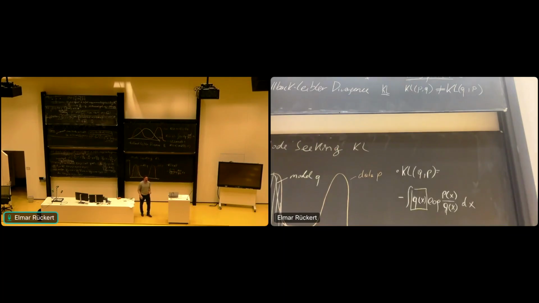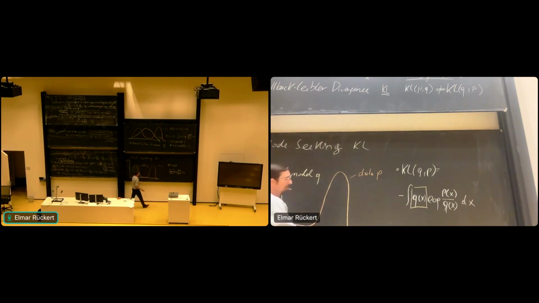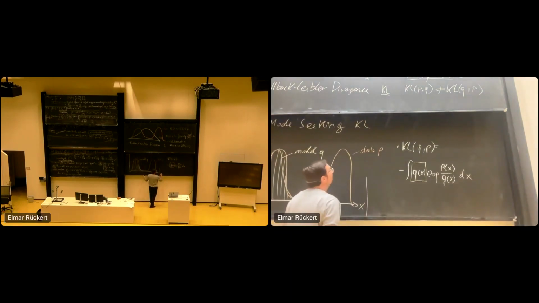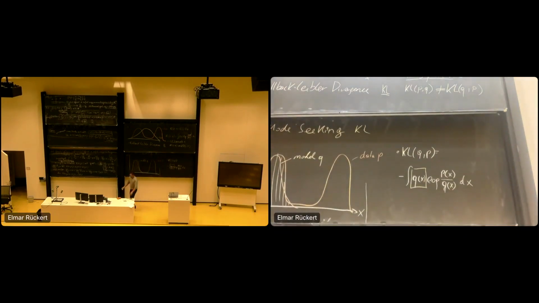Sometimes you would like to have a symmetric KL divergence measure. Sometimes this happens. So what would you do? Do you have any idea? So we mentioned the KL is not symmetric, but there's a solution to it. Actually, there are many solutions to it. I will show you two.